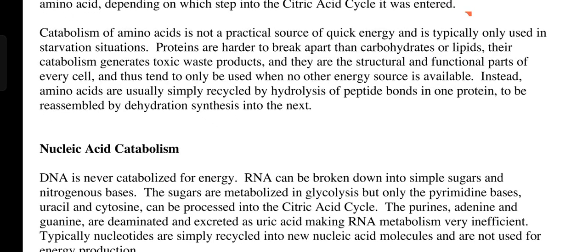Catabolism of amino acids is not a practical source of quick energy and is typically only used in starvation situations. Proteins are harder to break apart than carbohydrates or lipids. Their catabolism generates toxic waste products, and they are the structural and functional part of every cell and thus tend to only be used when no other energy source is available.